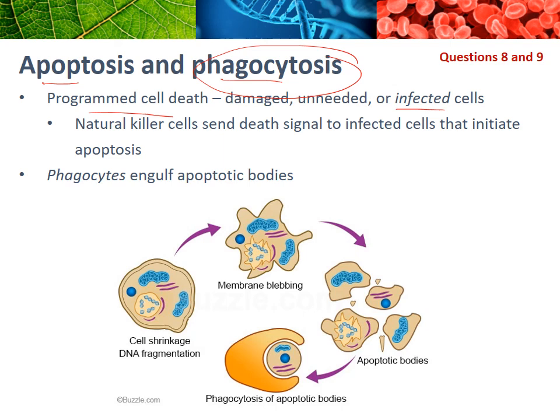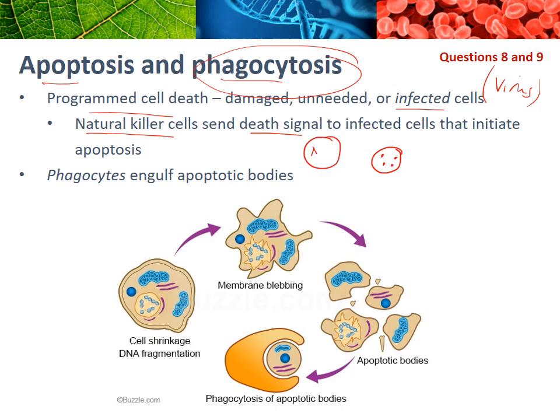So let's say a virus has gotten into a cell. Now, natural killer cells, you remember they were one of the cells in the other category that we just looked at. They send death signals to infected cells that initiate apoptosis. Okay, so we've got a cell here, it's got viruses in there, it's infected.